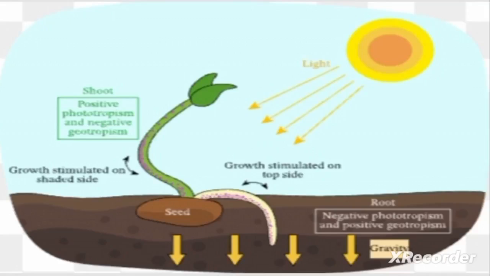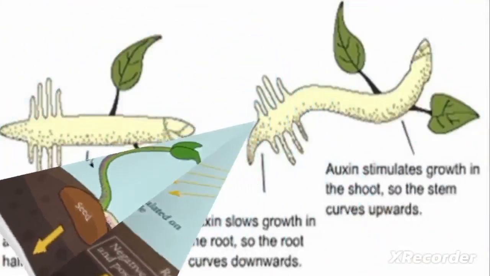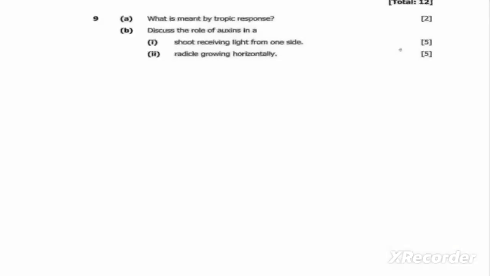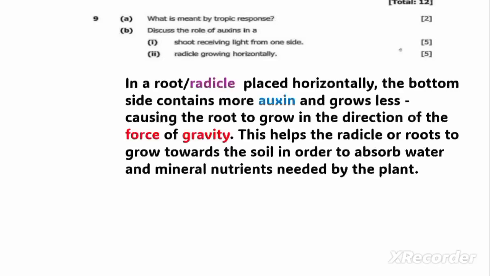So because auxins in the root doesn't support growth, this will make the root or the radicle bend towards gravity or bend towards the earth. And this will help the radicle to access the nutrients found in the soil.